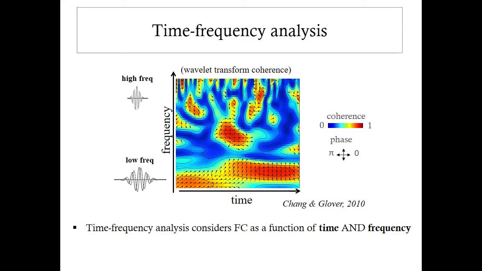This is very nice for giving a comprehensive picture of what's going on, but it's also a lot of information, because for every two signals we might have this huge matrix. So here too we might want to think about how to reduce this to a smaller number of manageable features.